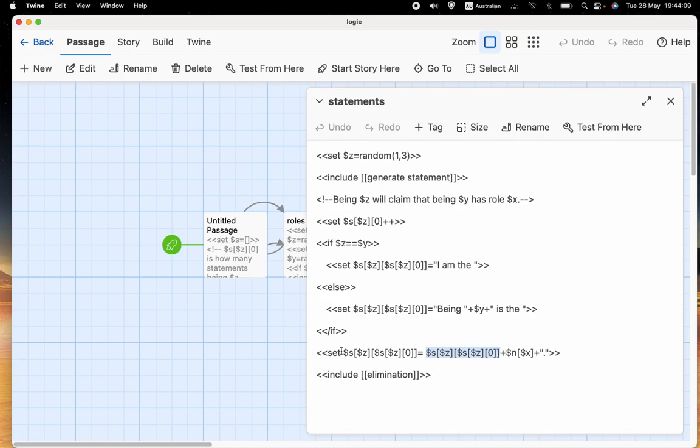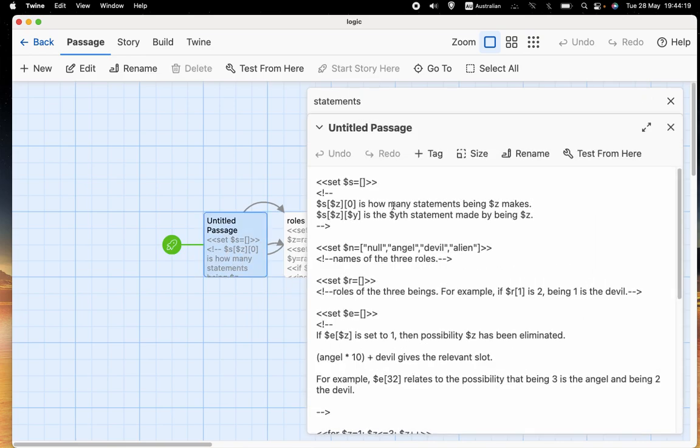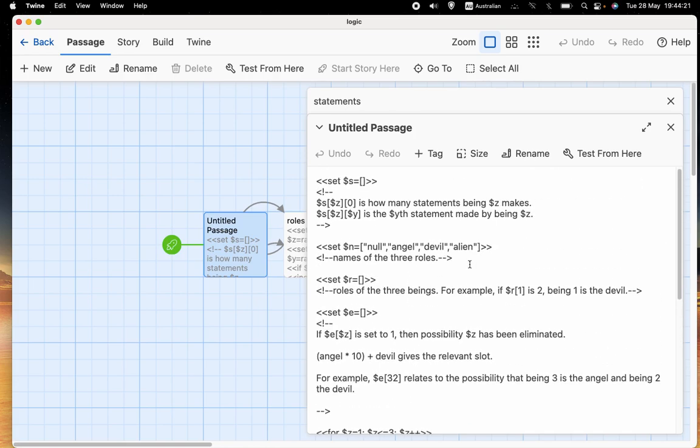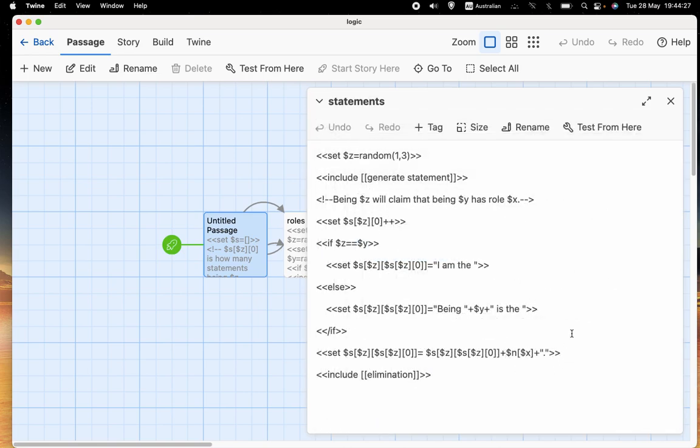That length of code is exactly the same as that. So we're just saying S this equals S this plus NX. Remember that N is the angel, the devil, or the alien. It's the number of the role. It's the claim that's being made in this case.